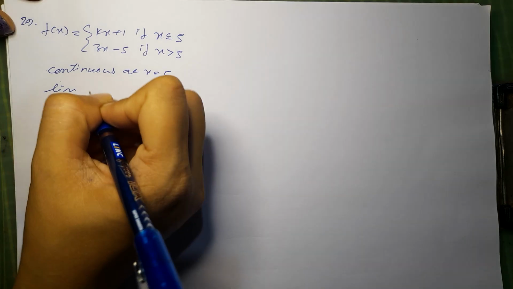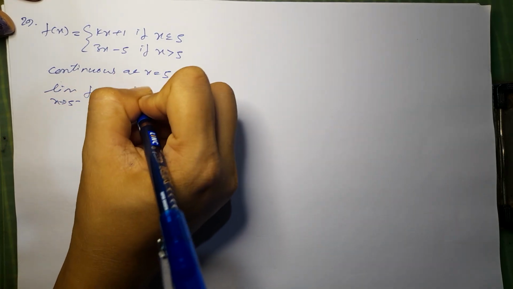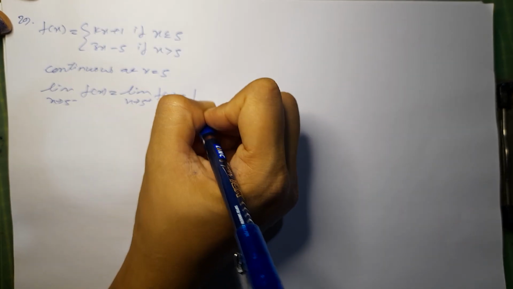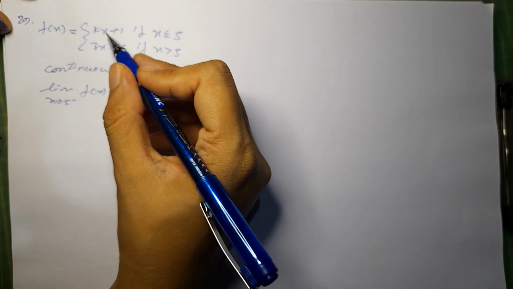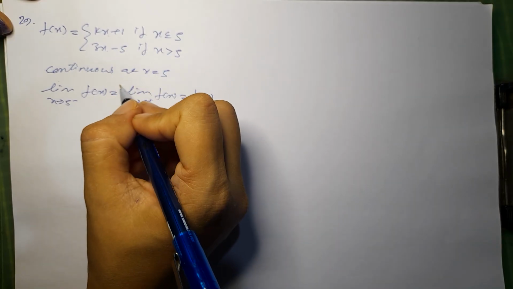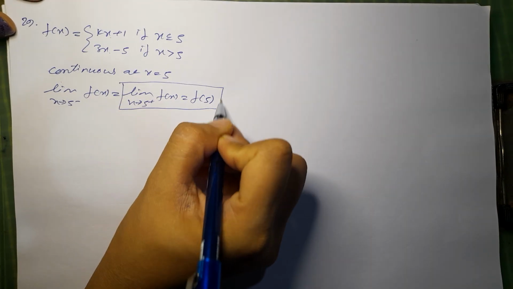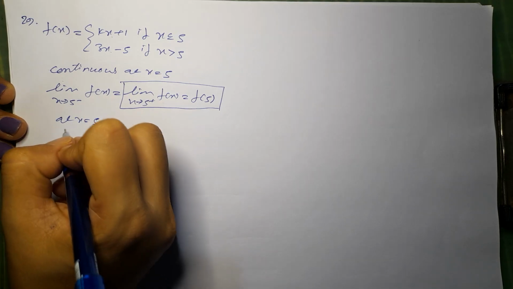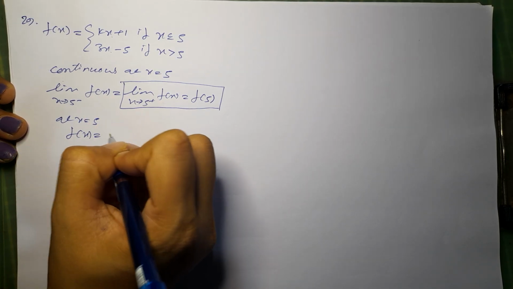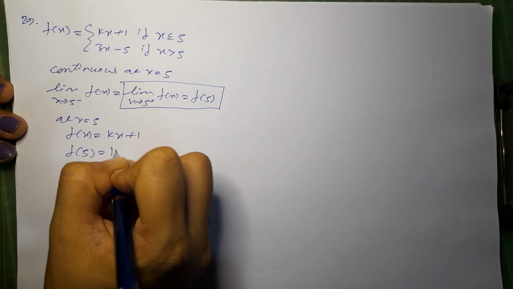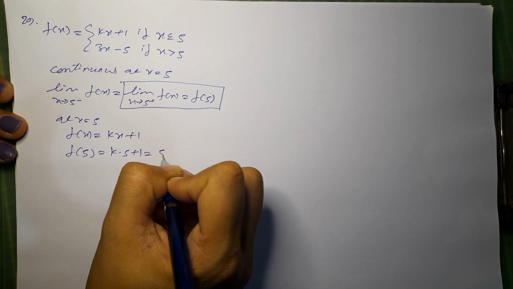So it will be limit x tends to 5 minus f of x is equal to limit x tends to 5 plus f of x equal to f of 5. f of 5 we get here. The right hand limit will use the other function. Also at x equal to 5, the function is f of x equal to kx plus 1. So f of 5 will give k times 5 plus 1, that is 5k plus 1.